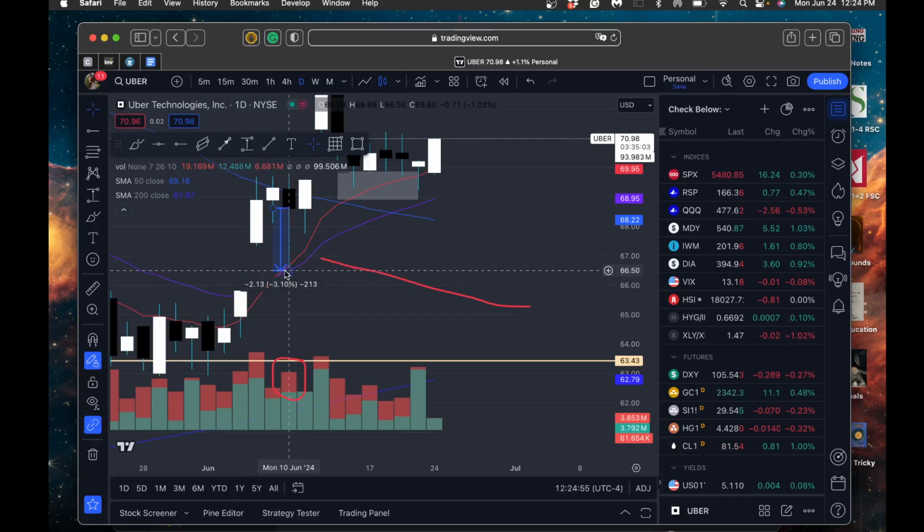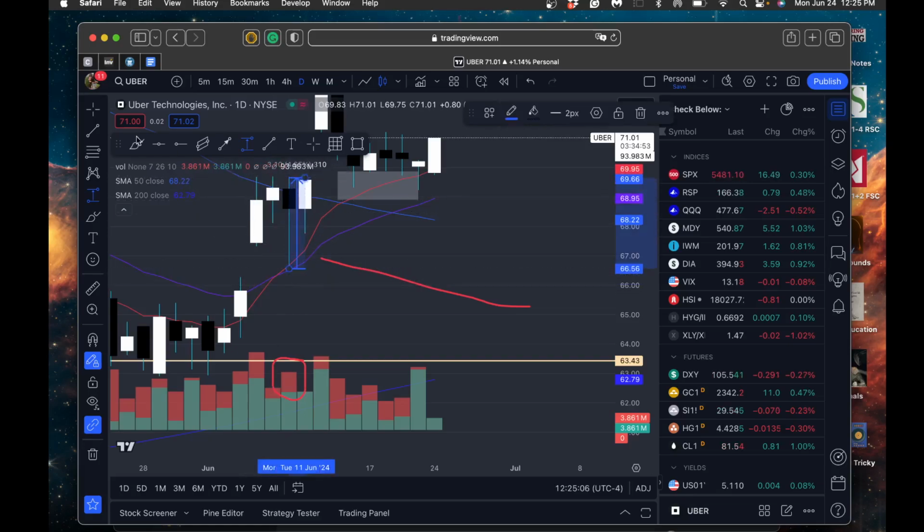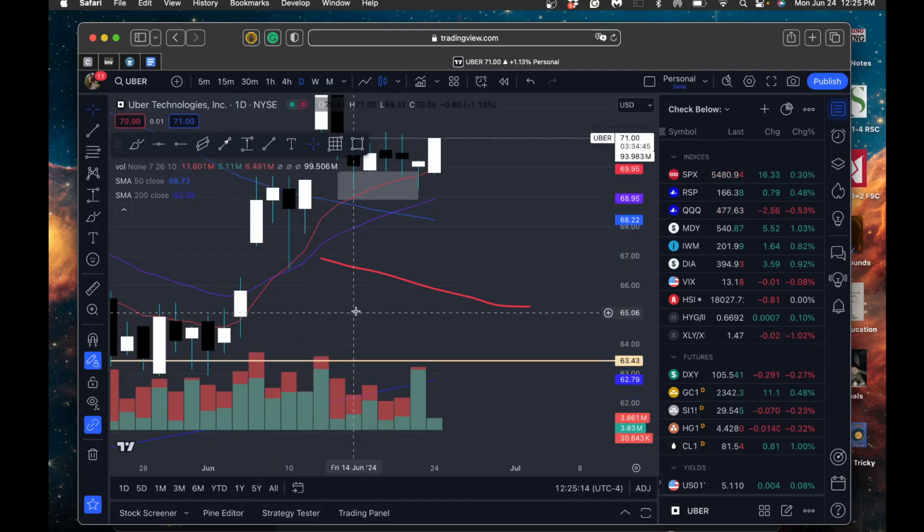And then, what do you know? The buyers came in late morning and bid it all the way back up to the high of day. And then the sellers came back in and slowly pushed it down a tiny bit. So there's some reasoning behind that candle.